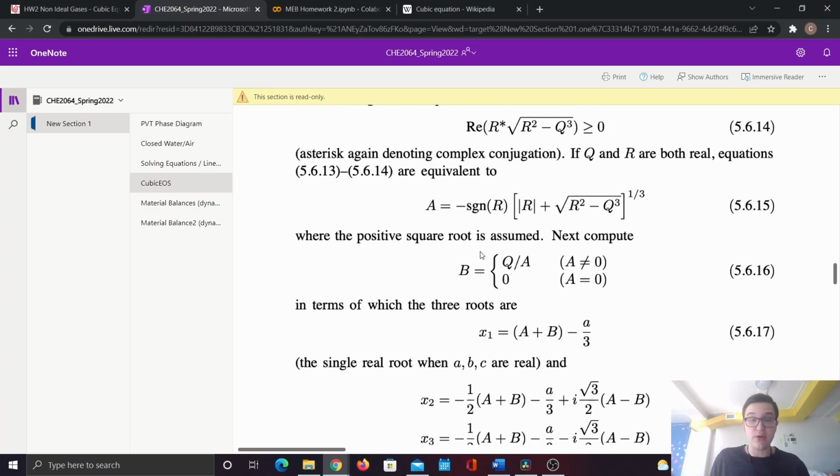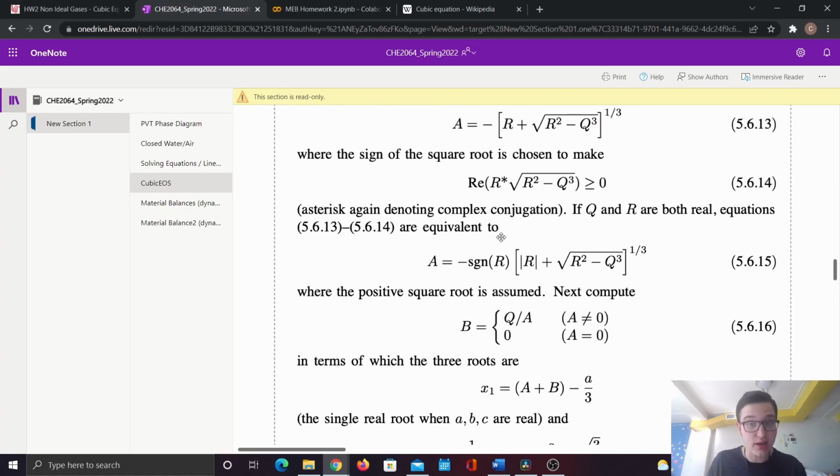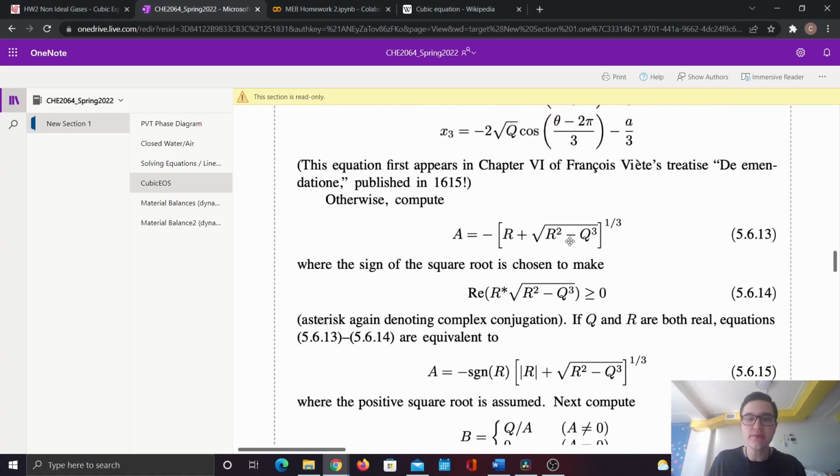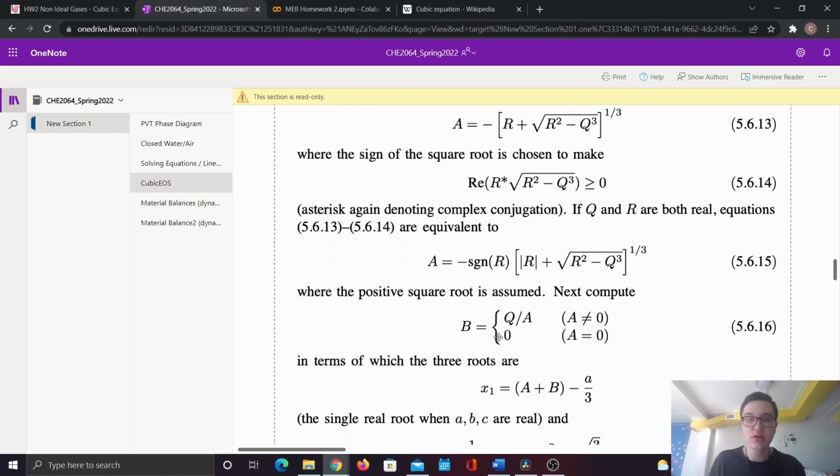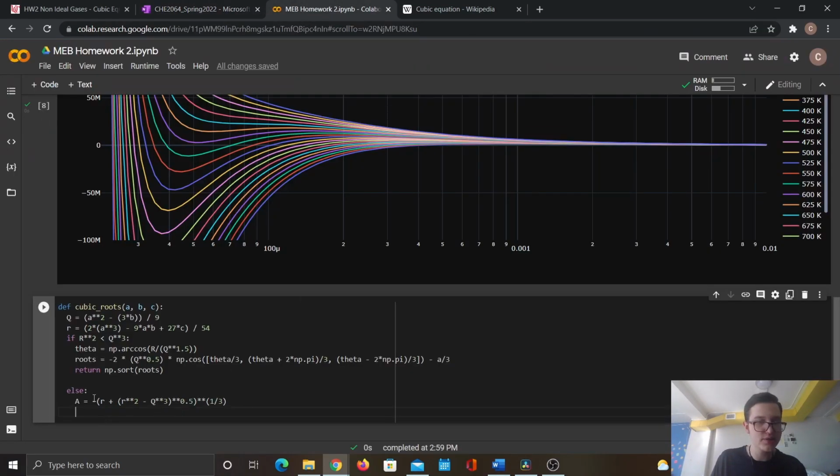We also have b down here. We have made a mistake. We used the wrong equation, so we need to add a few things here.